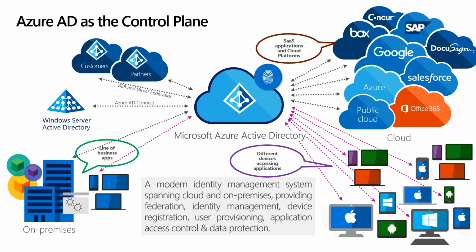Now, if you review this picture with the application lens, you can see there are different sets of applications today. You have line of business applications which are on-premises, generally deployed on your servers, or sometimes even in Azure in the IaaS infrastructure. On the right side, there are devices using these applications, along with different SaaS applications and cloud platforms your users are using.